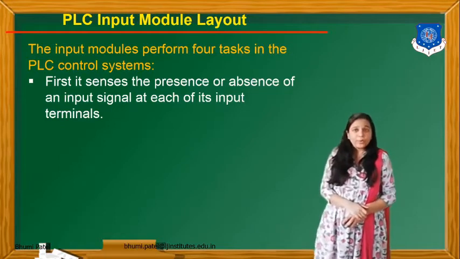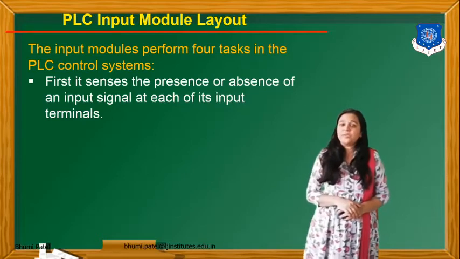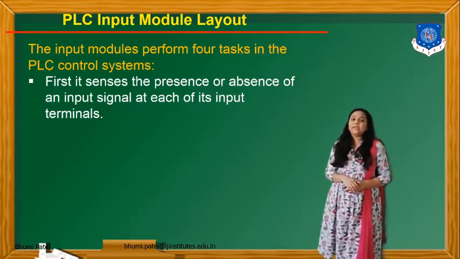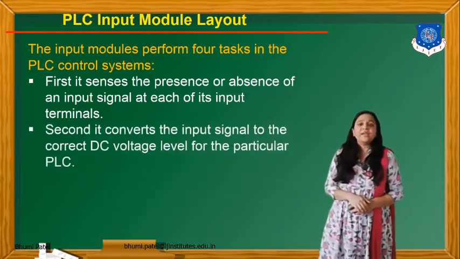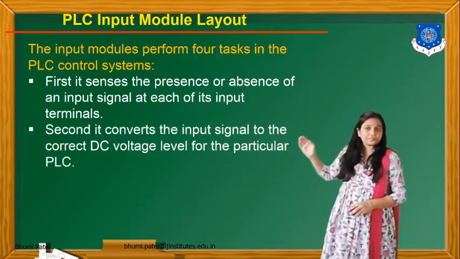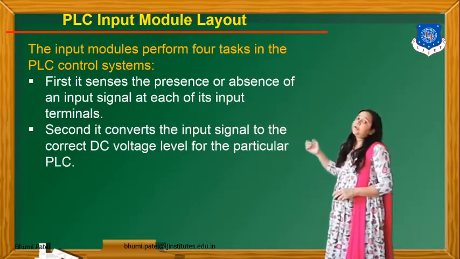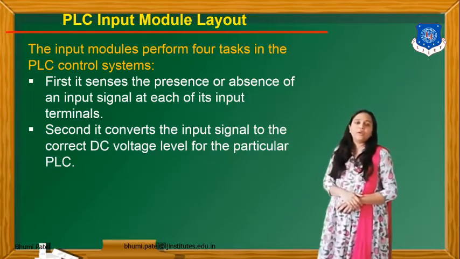Because we can connect a number of channels to the input module, it senses the presence and absence of the input signal on all of them. The second task is that it converts the input signal to the correct DC voltage level for the particular PLC.